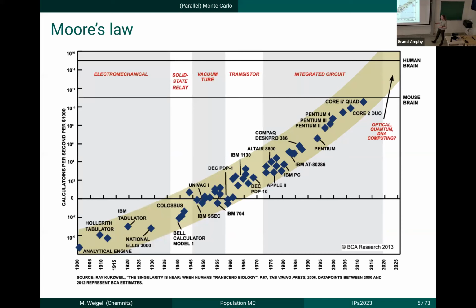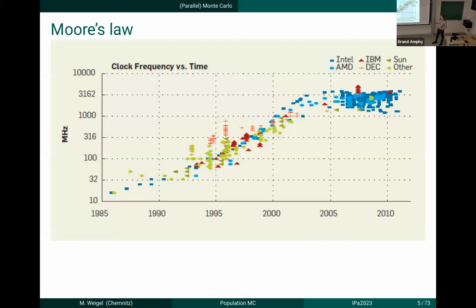Connecting to parallel computing, we know that Moore's law has worked quite well for more than 40 years, but over the last 15 or 20 years, the way it has been implemented has changed. For the first few decades, this worked by increasing the clock speed of processors. Typically every two years or every 18 months, your clock speed would have doubled.